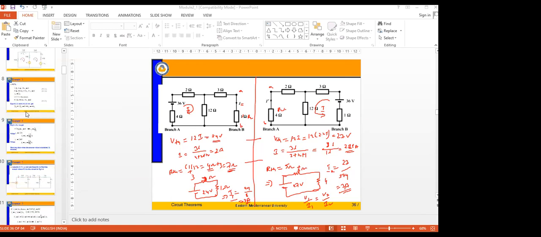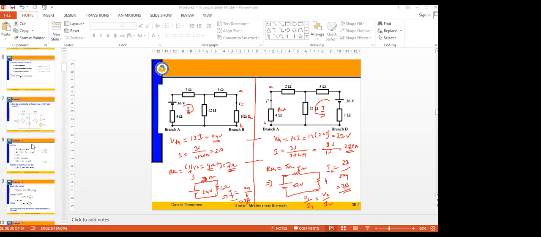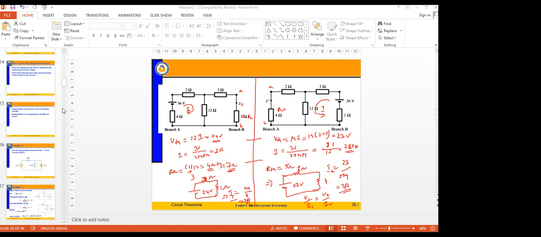Most of the time, as long as you have resistive elements, the circuits are said to be reciprocal in nature.